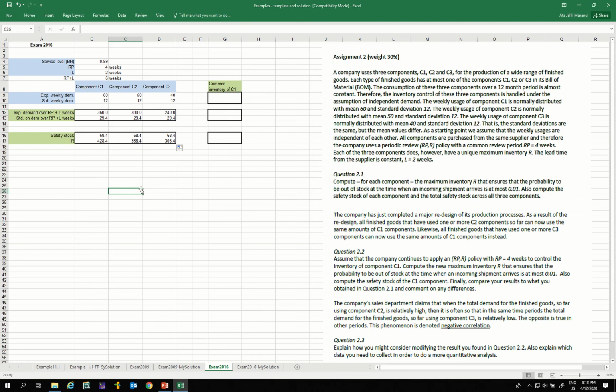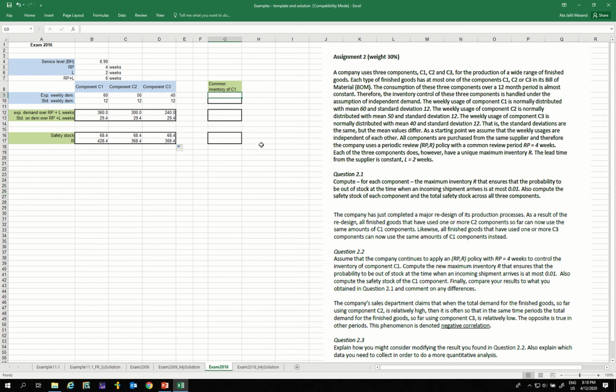In the second part of the assignment, it says that instead of using 3 components, we can use a common component. And this common component will be used to satisfy the demands for all of these components, Component 1, 2 and 3. So we are asked to calculate the restocking level for this common component in order to meet a cycle service level equal to 99%.